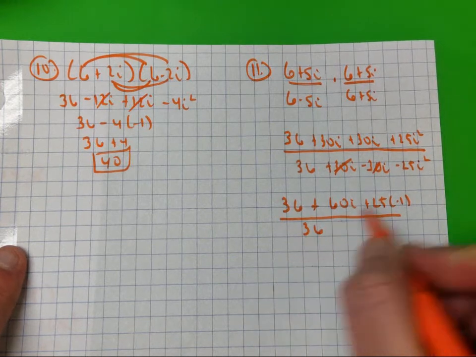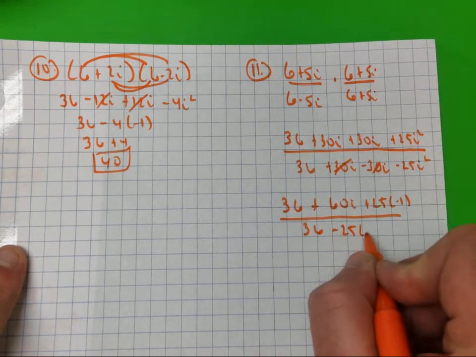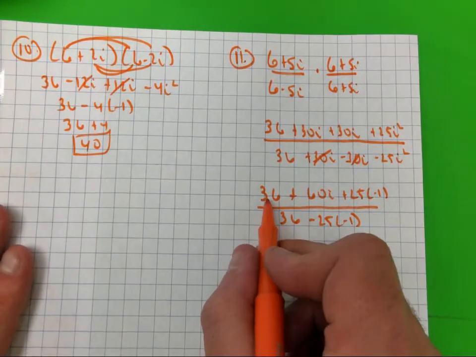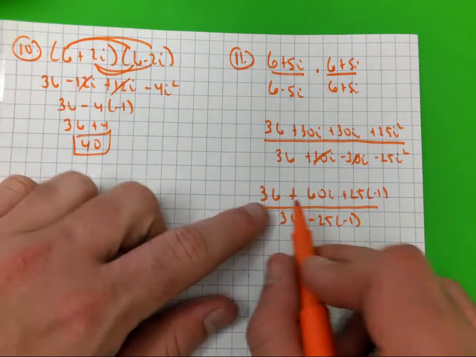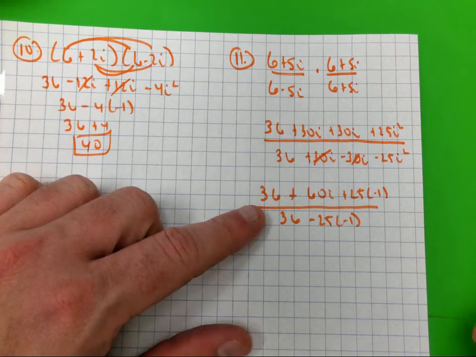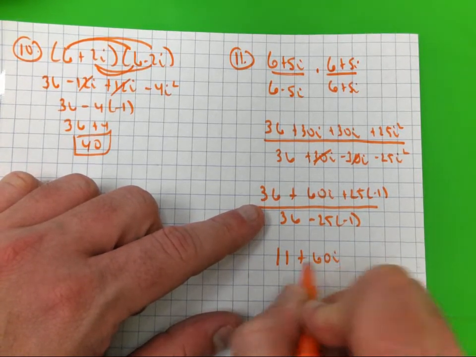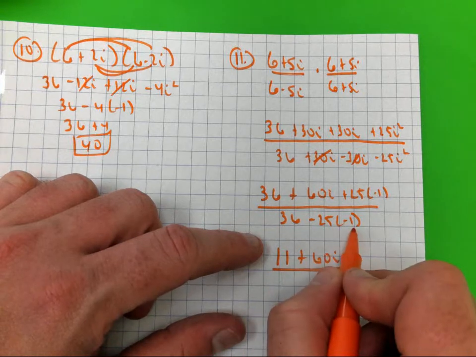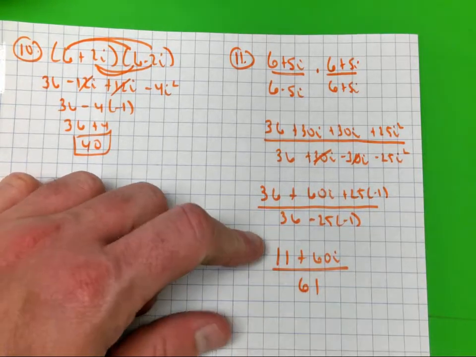All over 36. Then it's going to be negative 25 times the negative 1. So 36 and a negative 25 gives you 11 plus 60i all over negative 25 times negative 1 is positive 25 plus 36 is 61.